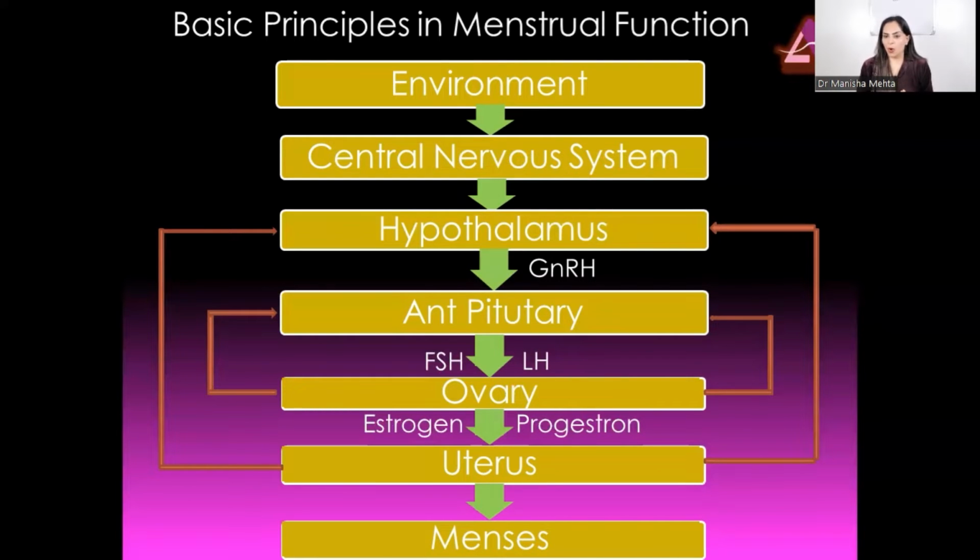Now, once there is enough estrogen, there's a feedback stimulation to the pituitary and the follicle is ready. So then there is a surge of LH. LH does not come like FSH. FSH comes in gradual pulses every day. Very important to know that the FSH stimulation basically occurs early in the morning.